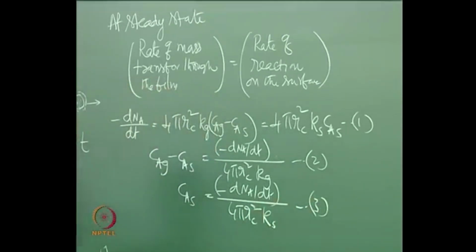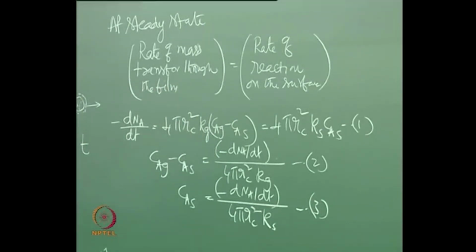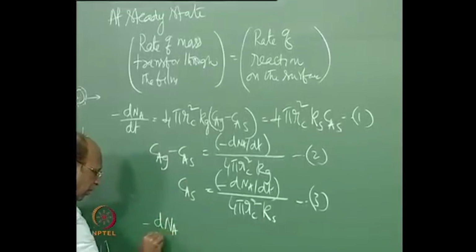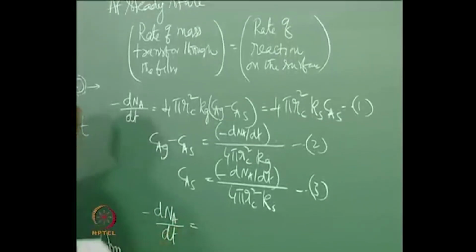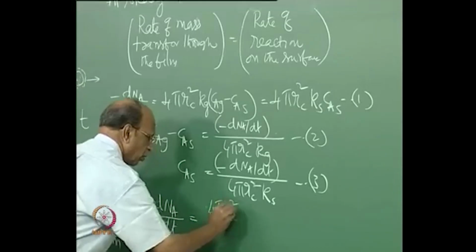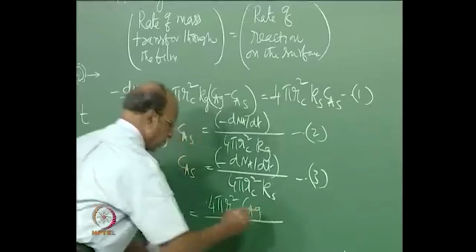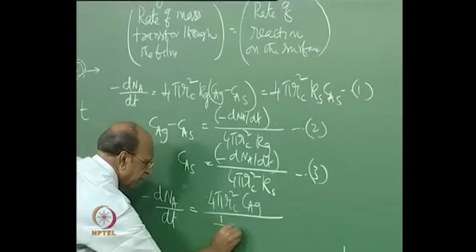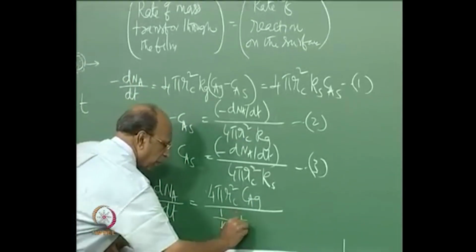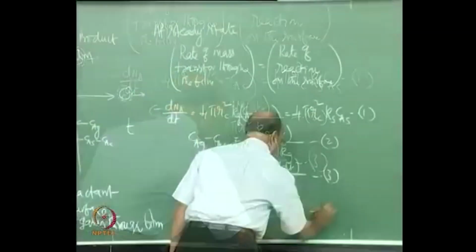So, from equation 2 and 3, what we can do is minus dNA by dt equal to 4 pi RC square CAG divided by (1 by kg plus 1 by Ks). So, this is equation 4.